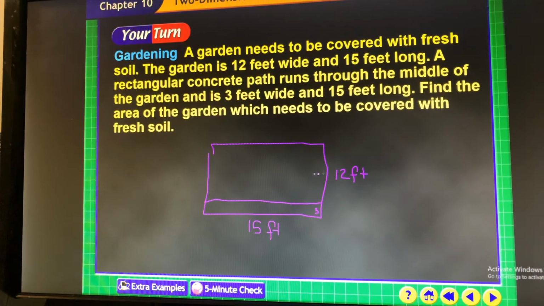So 12 times 15 is going to be 180 feet squared, and then you're going to take away the 15 times 3, which is 45. Subtract those two from each other to get your total of 135 feet squared.